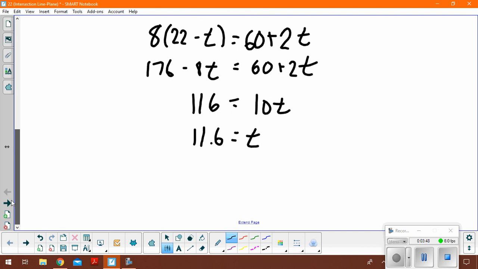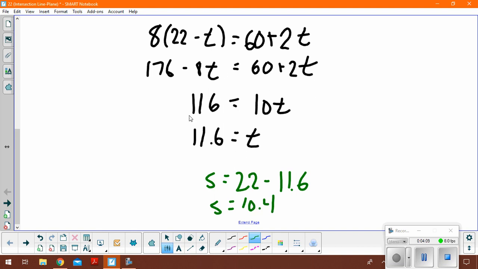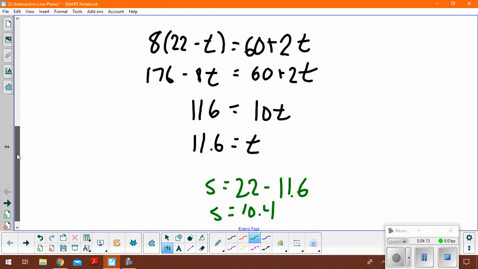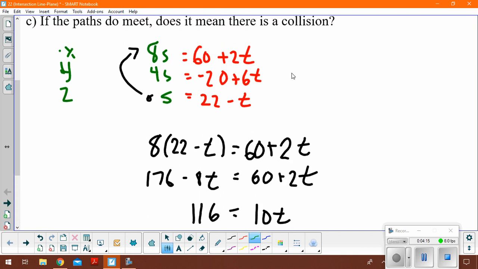So s is 22 minus that, 22 minus 11.6, so s would be equal to 10.4. So I got s is 10.4 and t is 11.6.